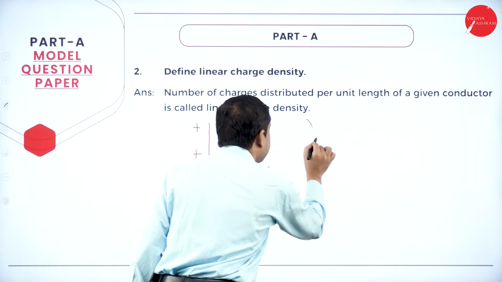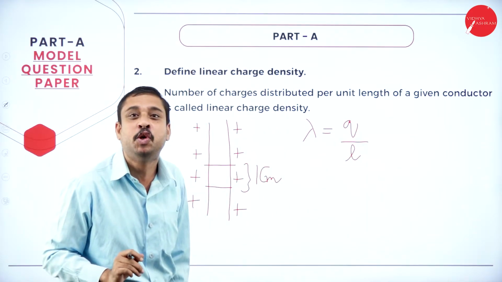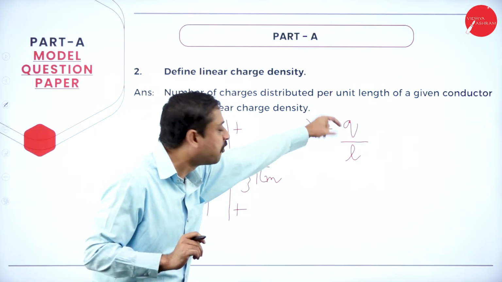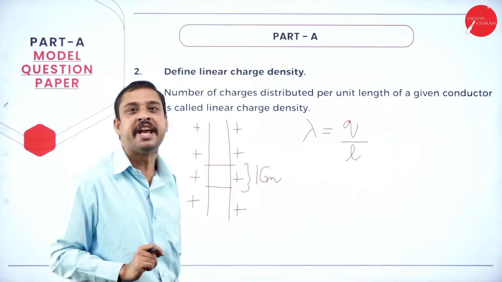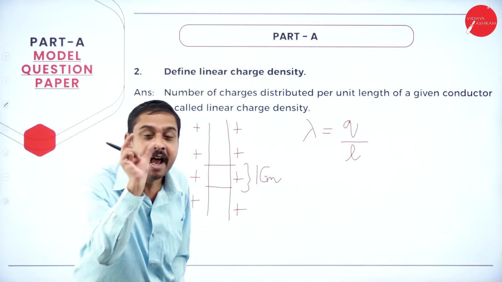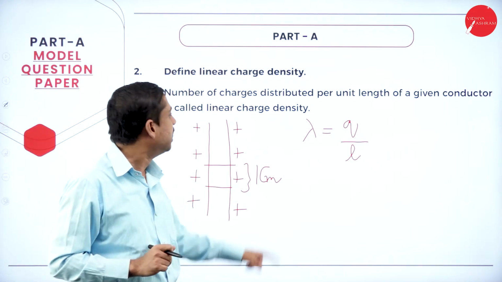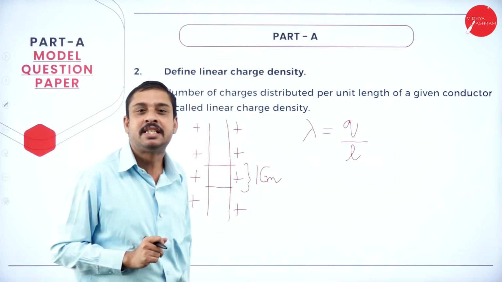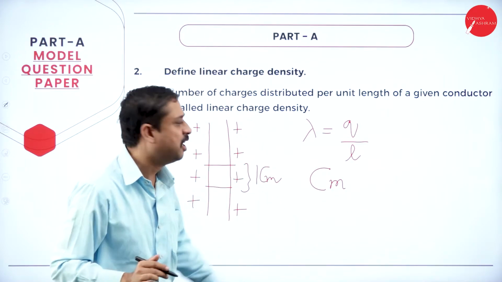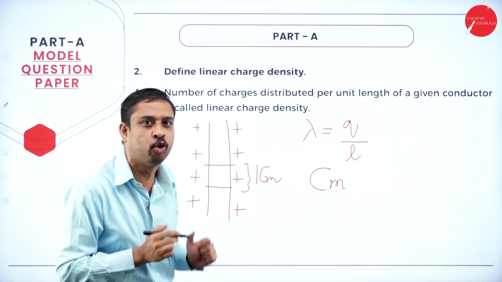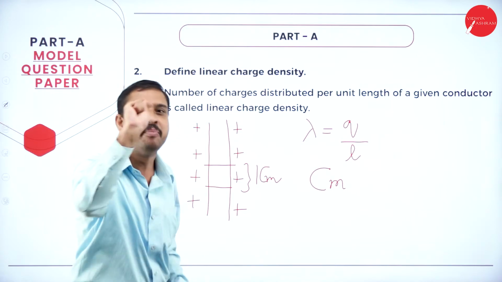So it is represented by lambda, and therefore I write lambda is Q divided by L, number of charges present around unit length of a wire, unit length of a conductor, a 1 centimeter length, how many charges are there, that is what is called linear charge density, and its SI unit is coulomb per meter. Charge unit first we wrote coulomb, length meter, so here the SI unit is coulomb per meter.